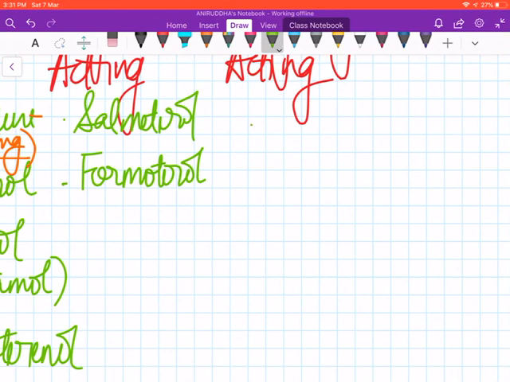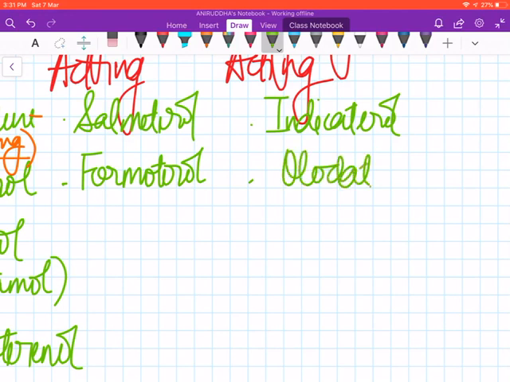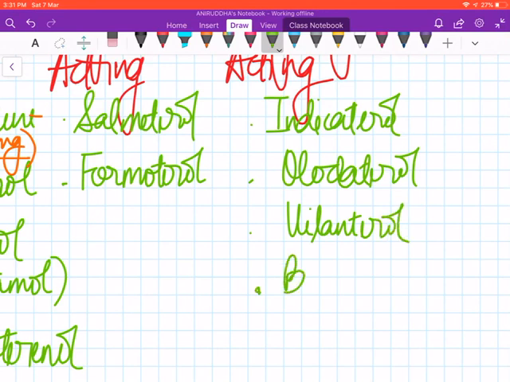And the very long-acting beta agonists include indacaterol, olodaterol, vilanterol, bambuterol, and carmoterol.